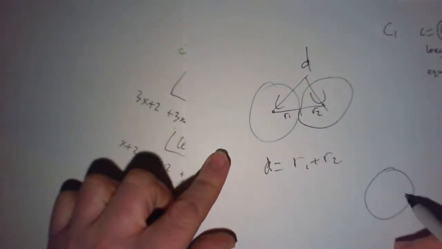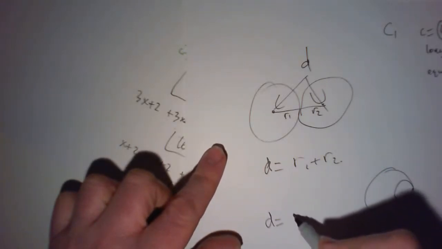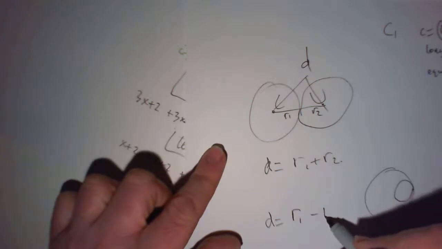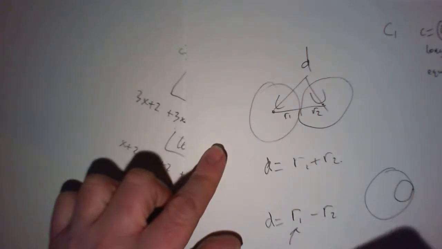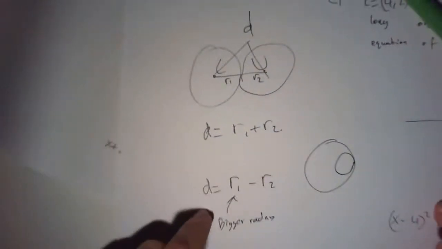If they're kissing internally, then the distance between the two centers is the bigger radius minus the smaller. So just be careful of that one. It's the bigger radius minus the smaller if they're kissing internally. So that's a test for them.